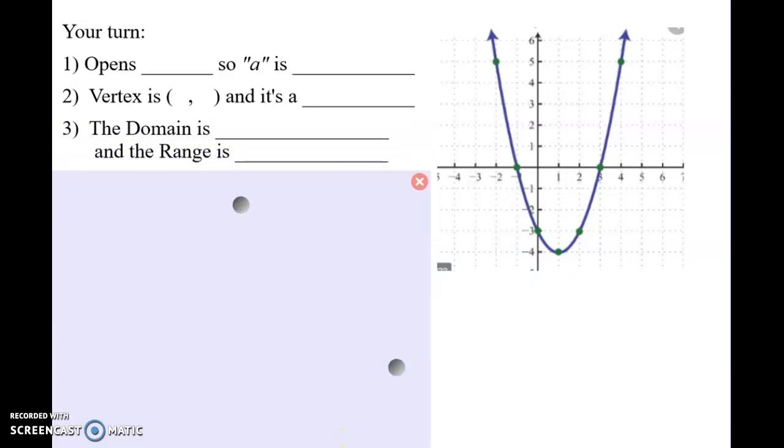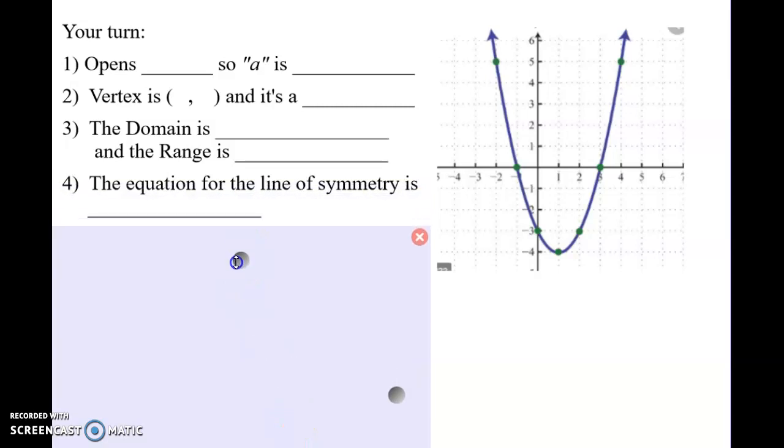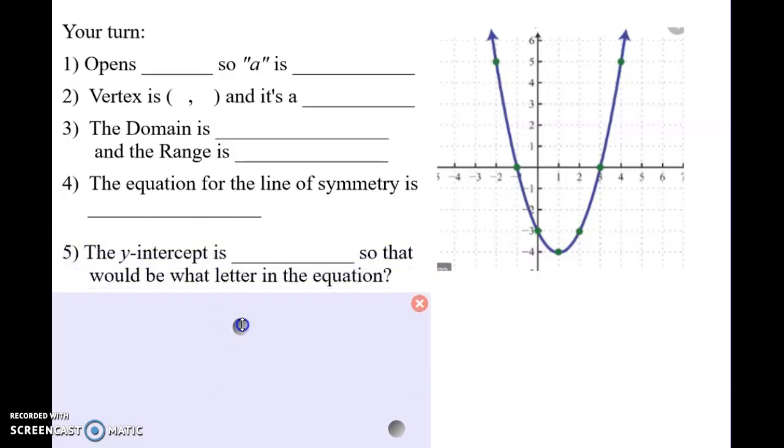The domain is, and the range is. The equation for the line of symmetry is, and the y-intercept is, so that would be which letter in the equation? Answer the questions and move on to the quizzes for your practice.